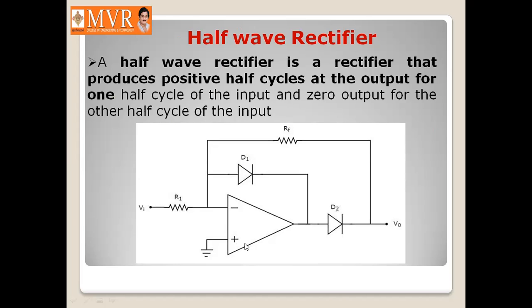If we give a positive input here, then the output will be at negative potential. This negative potential is going to forward bias my diode D1.